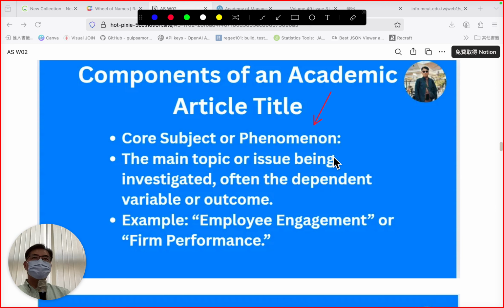Or even financial behavior is another one. So you have decided the core phenomenon we want to study, which will be shown in the title. Maybe it's the dependent variable, maybe it's the independent variable.